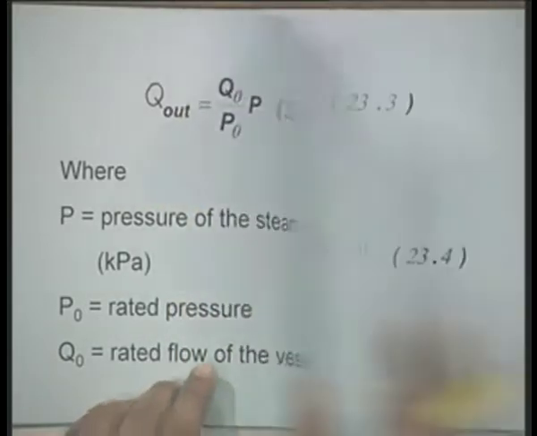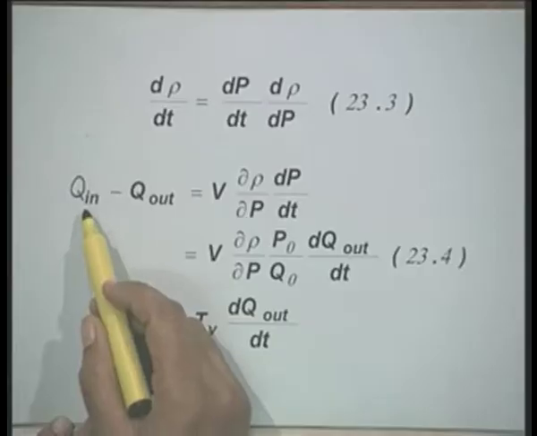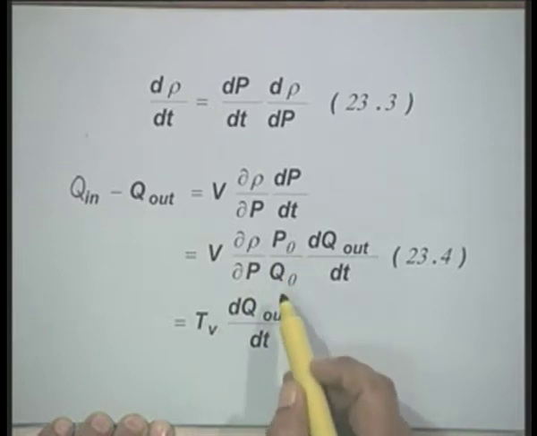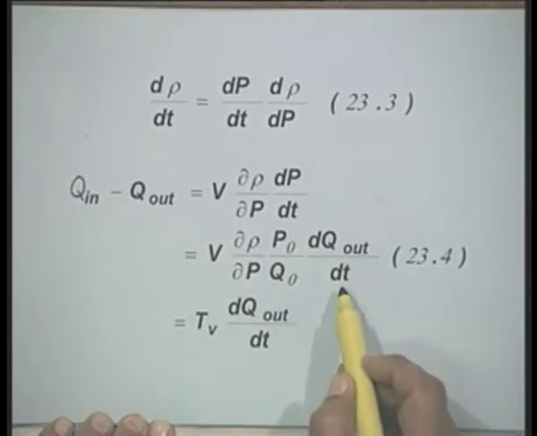Using this expression, I can now write Qin minus Qout equal to V into d rho by dP into Po by Qo into dQout by dt.